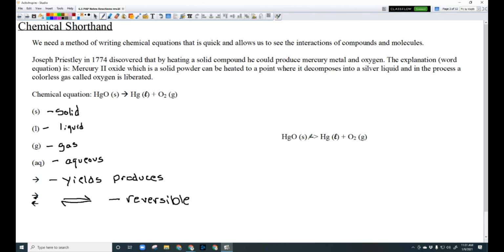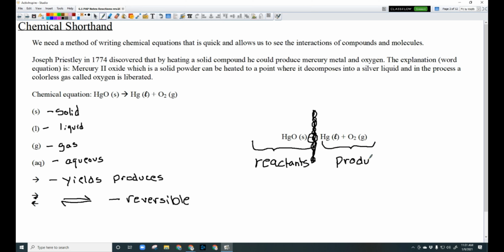Okay, and so when we look at a chemical reaction, this arrow here is really what separates the reaction into two halves. Everything that's on the left side of the reaction is called reactants. And then everything on the right-hand side of the reaction is called products.